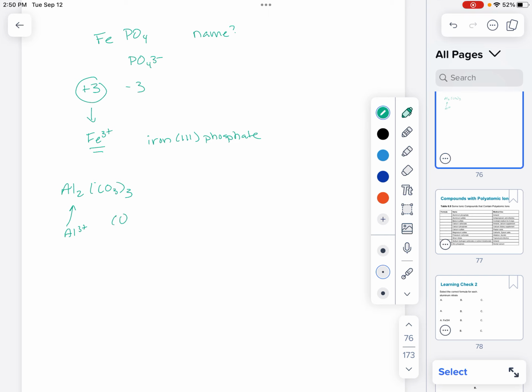Carbonate is CO3 2 minus. So this cation name is aluminum. This anion name is the name of the polyatomic ion, and that's carbonate. So this will be aluminum carbonate.